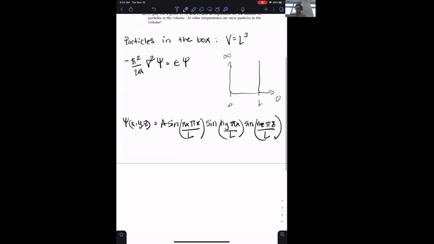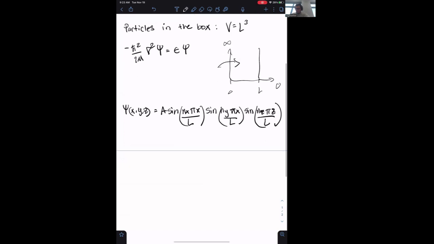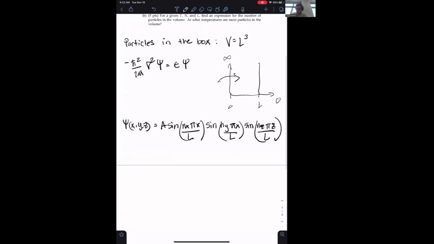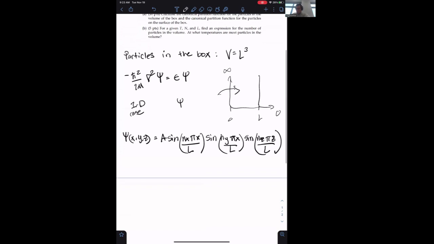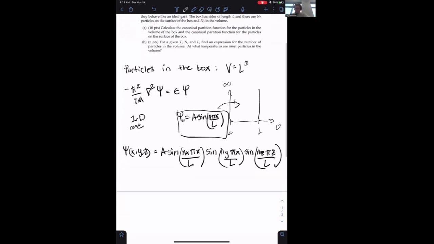If you don't know where this comes from, the 1D case for a particle in an infinite square well was this solution here. Now we're working with a 3D box, so that's why we multiply three of them together, and I add the subscripts nx, ny, and nz.